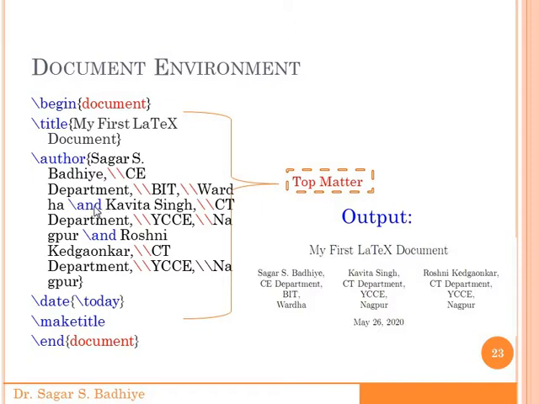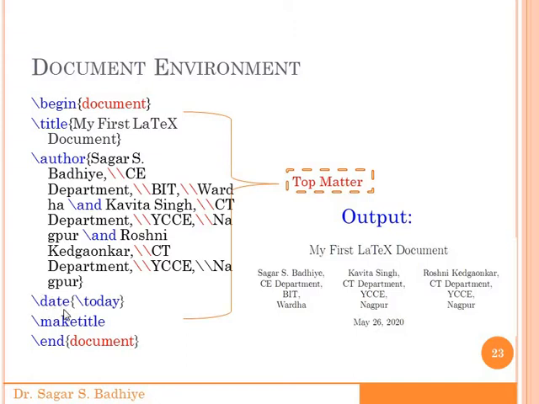Whenever there are multiple authors, we have the command \and, then Kavita Singh, and so on. We can add multiple authors by writing the \and command within curly braces. So \author is used to add authors to the document.